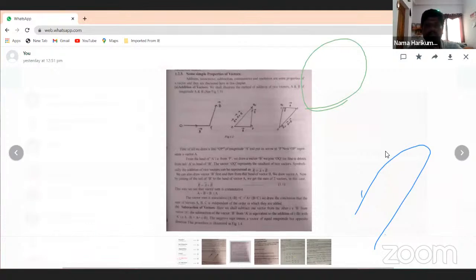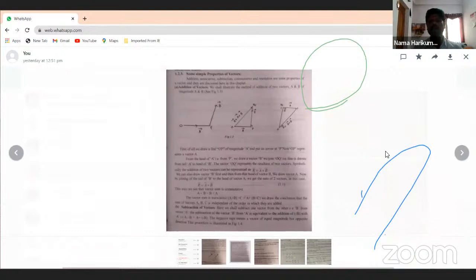Right, you can write it. Addition of two vectors A and B, of magnitude AB, direction OP and PQ.